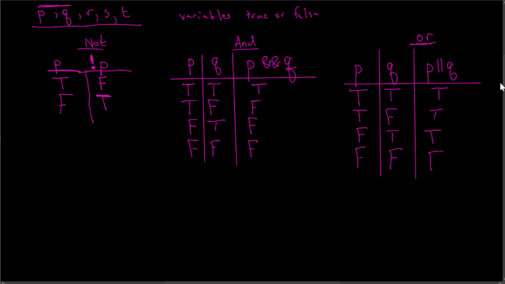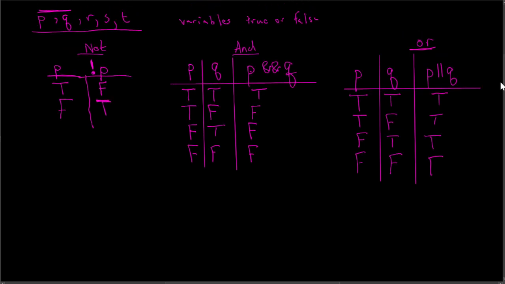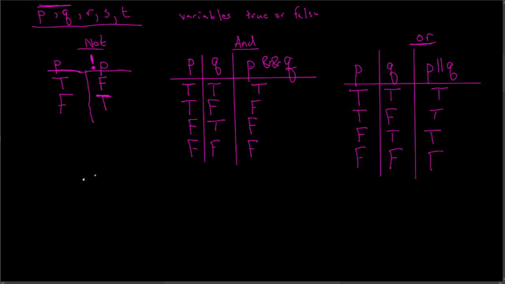So let me scroll down here. And let's look at the exclusive OR, XOR, and its truth tables. So we're going to have P, Q, P exclusive OR Q. And this is the shift 6 on the keyboard.